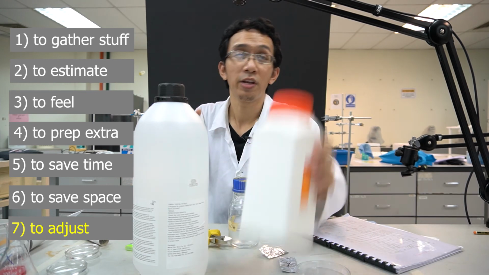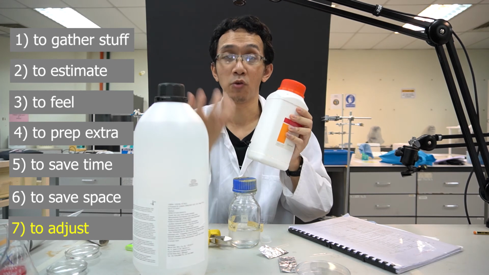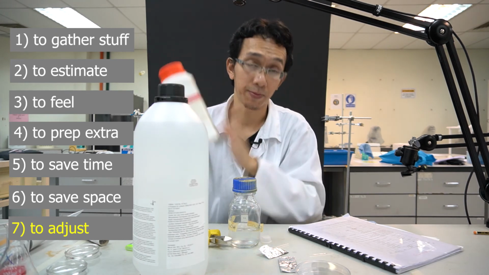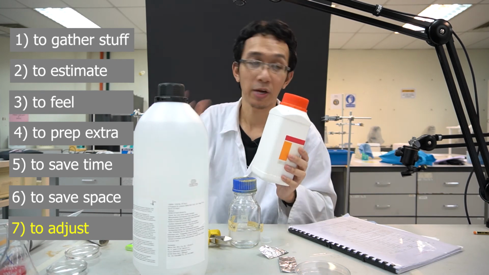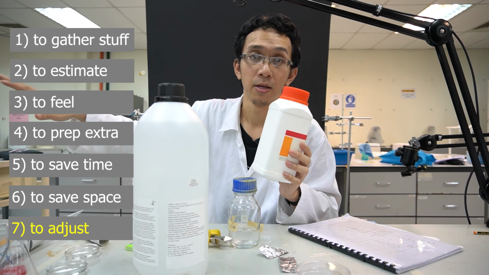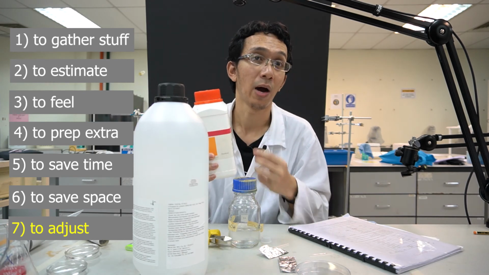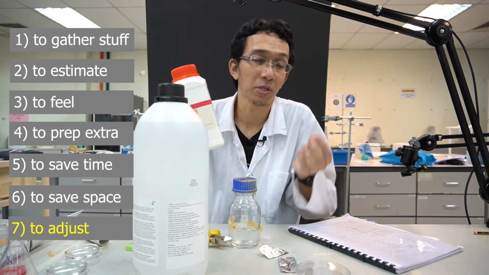And because you already changed the amount that you use for the experiment, the rest also need to be changed, because you cannot just change this and let the others stay the same. So that's why you need to learn how to adjust. If there is not much left, then you adjust. You use a little.